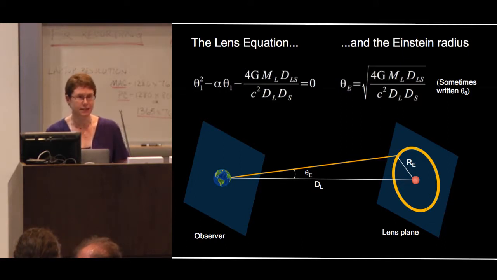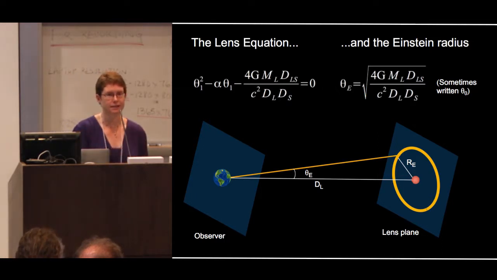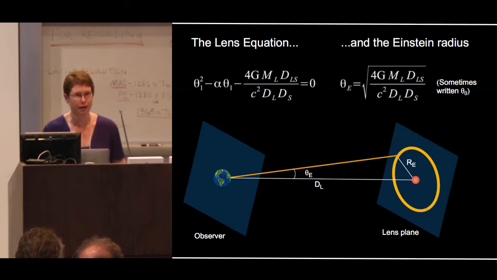It has the distinctive property that if alpha is 0, that is, if the source and the lens are perfectly aligned in the sky, then the image of the source that is created has this characteristic radius which depends on the mass of the lensing object and the separation of the lens and source from the observer.